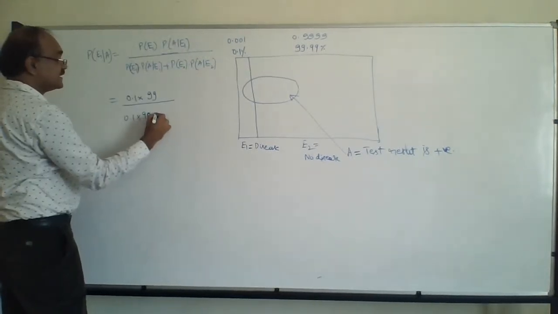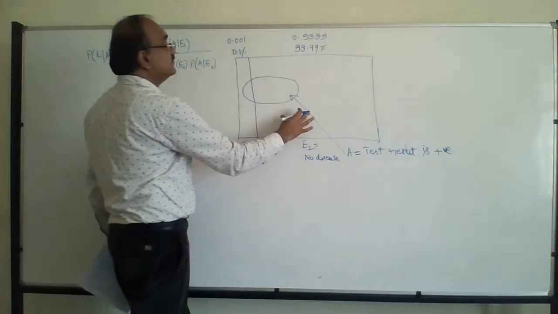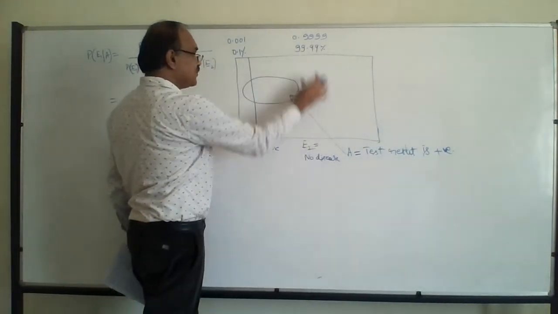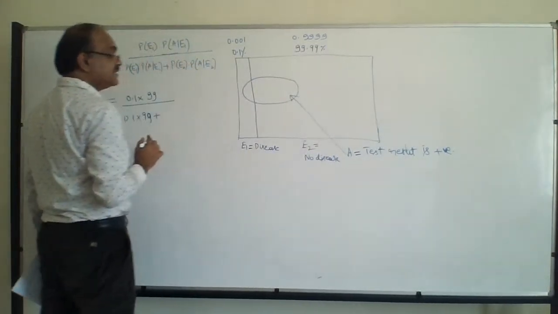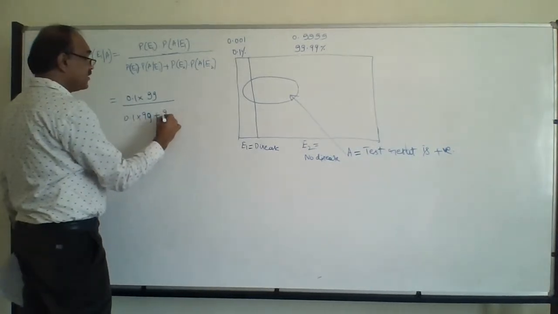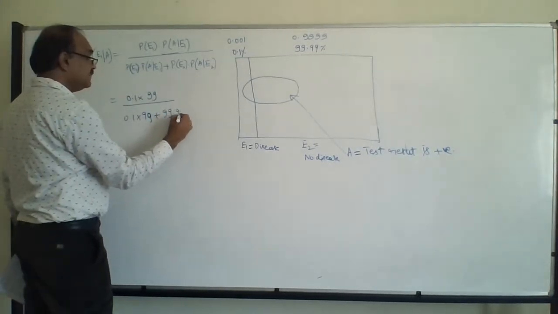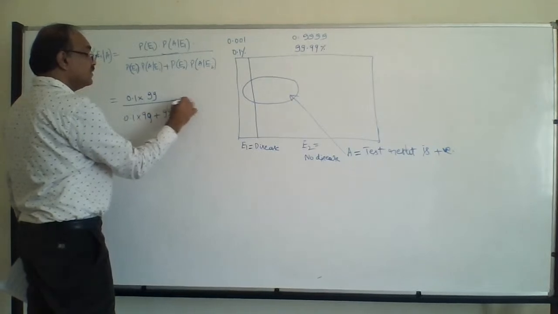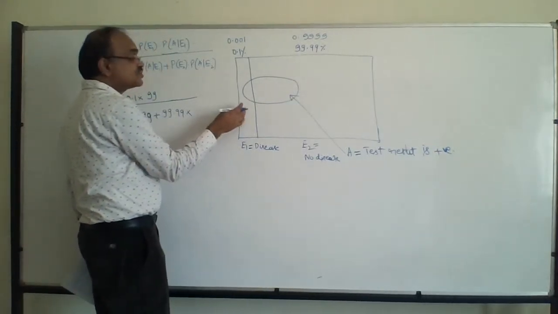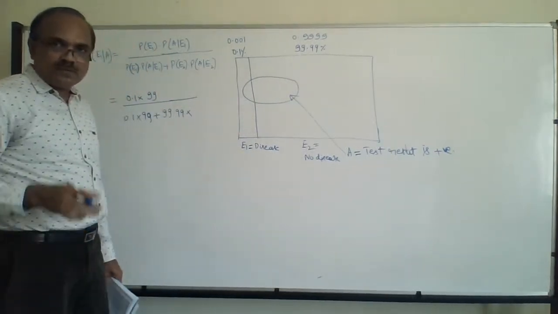Next, look at the second thing here. E2: what is the probability of the people not having the disease? 99.99. Now somebody goes from this group, but the test still gives a positive result.